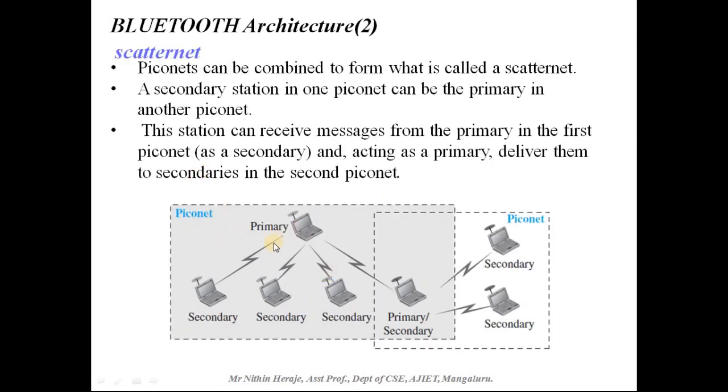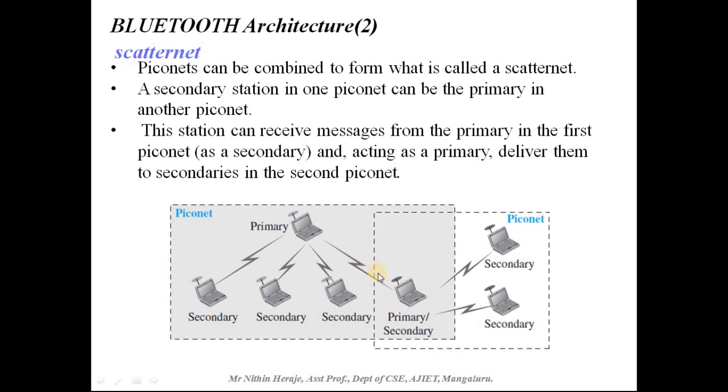If you look at this scatternet, you have two different piconets connected together. This particular node acts as a secondary for this piconet, and it acts as a primary for this other piconet. So this node receives the data from this primary, and it acts like a primary for this piconet.